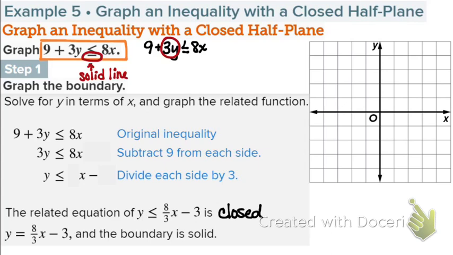So what do I need to get rid of? 9. Is that 9 a positive or a negative? How do I make something positive cancel? Subtract it. So I'm going to subtract 9 from both sides. So I have 3y is less than or equal to 8x minus 9.